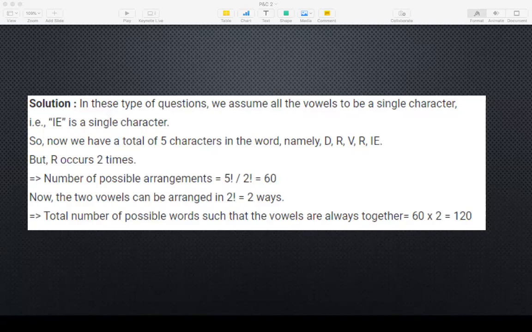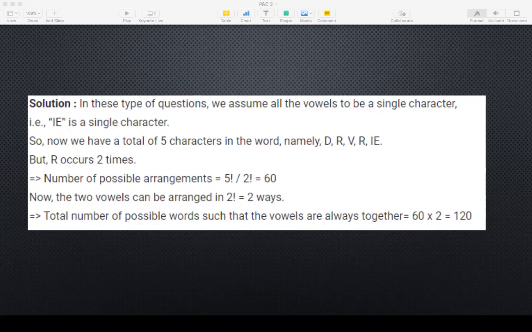But if I followed by E is possible, then E followed by I is also possible, right? And in the arrangement, IE and EI will be different. The word can start with IE or the word can start with EI, but both those letters will be different.